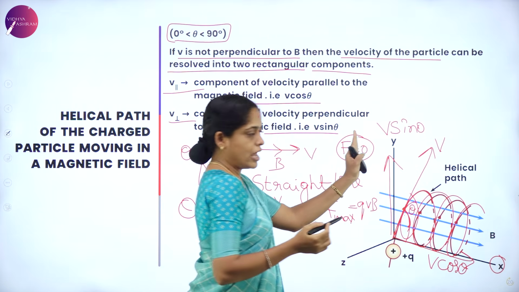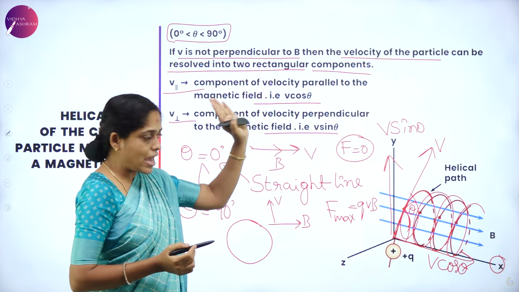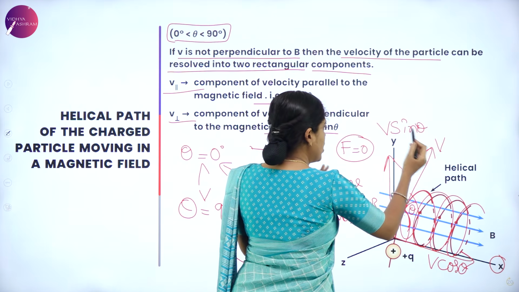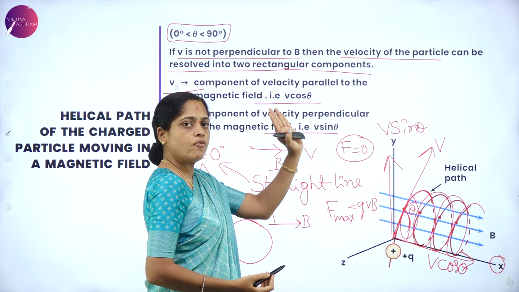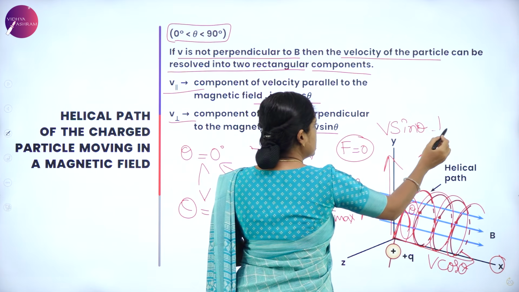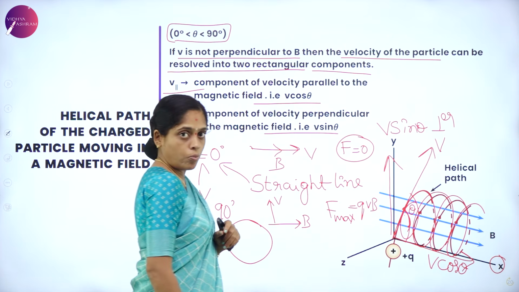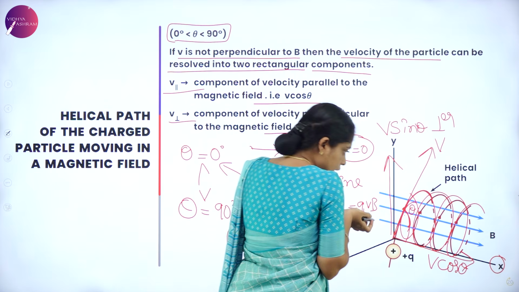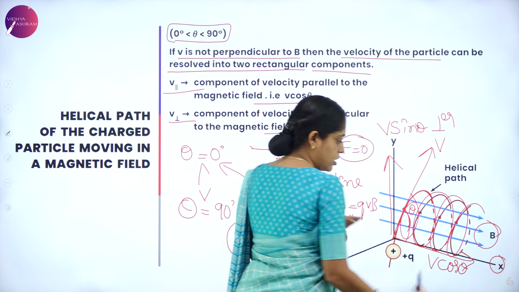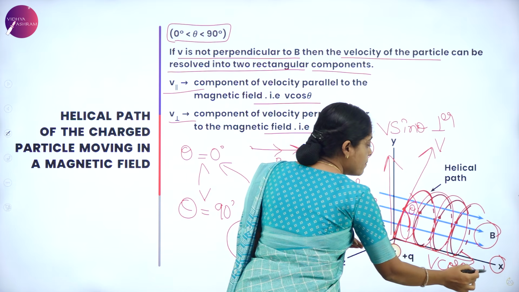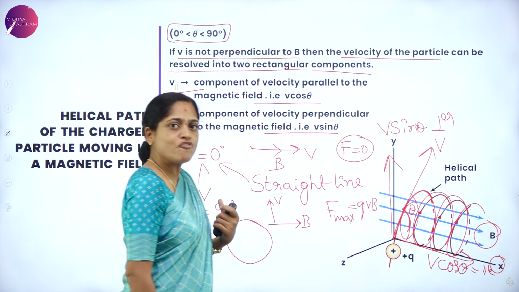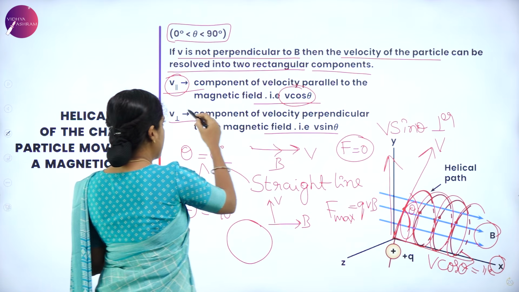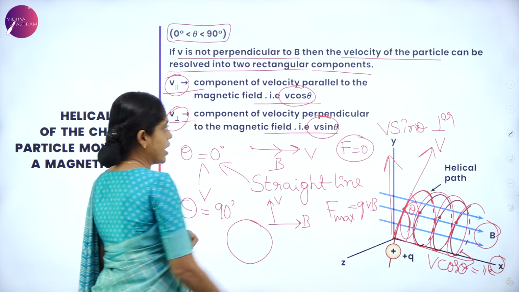This v sin theta, as it is along the y-axis, is the perpendicular component to the magnetic field. And v cos theta is in the direction of the magnetic field, therefore it is the parallel component. So the parallel component is v cos theta and the perpendicular component is v sin theta.